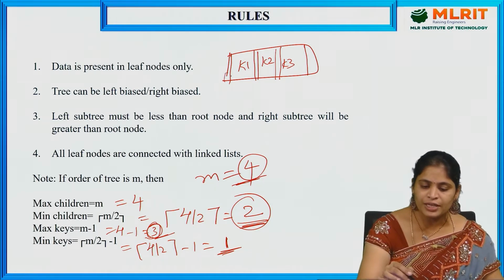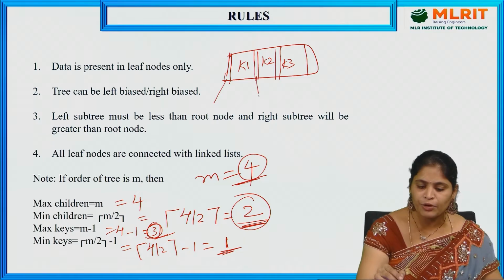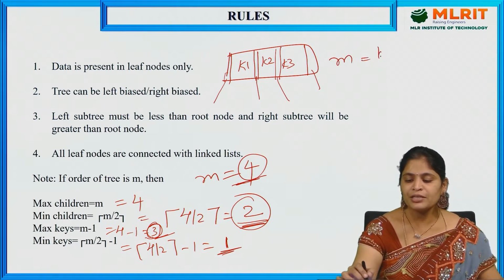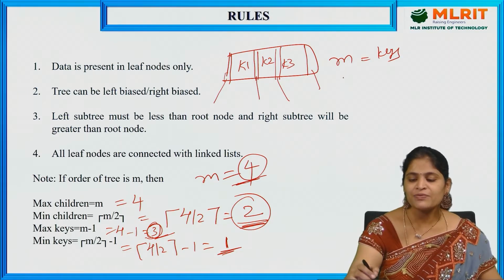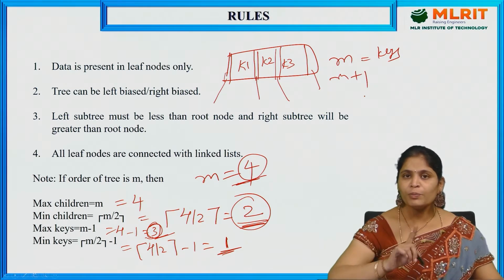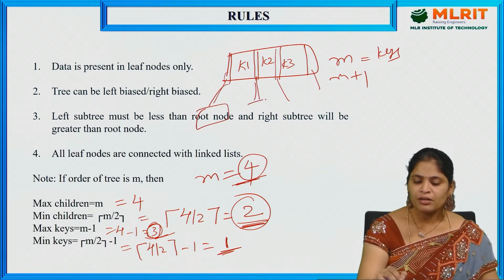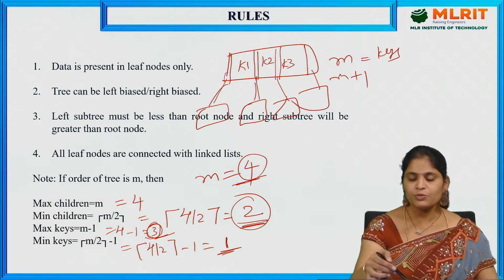Out of these 3 keys, how many children can be possible here? 4. If we have M keys, then how many pointers can we use? M plus 1. 1 pointer extra. So, here the maximum children are 1, 2, 3 and 4. That is the representation.